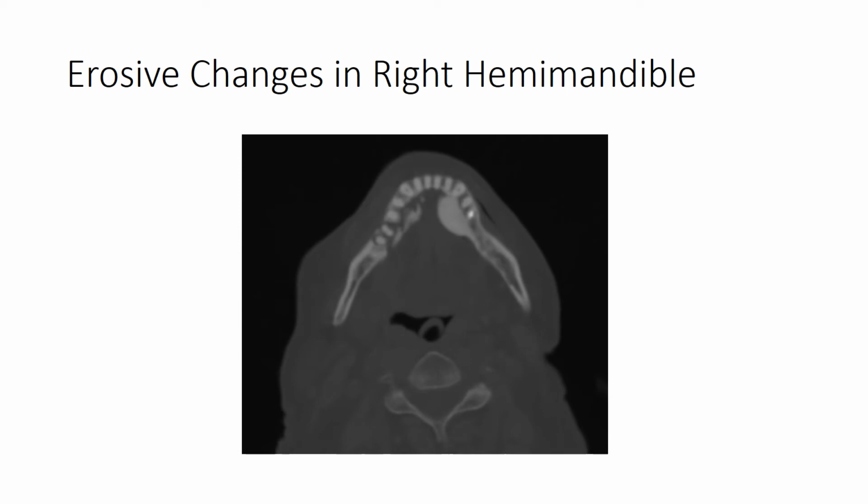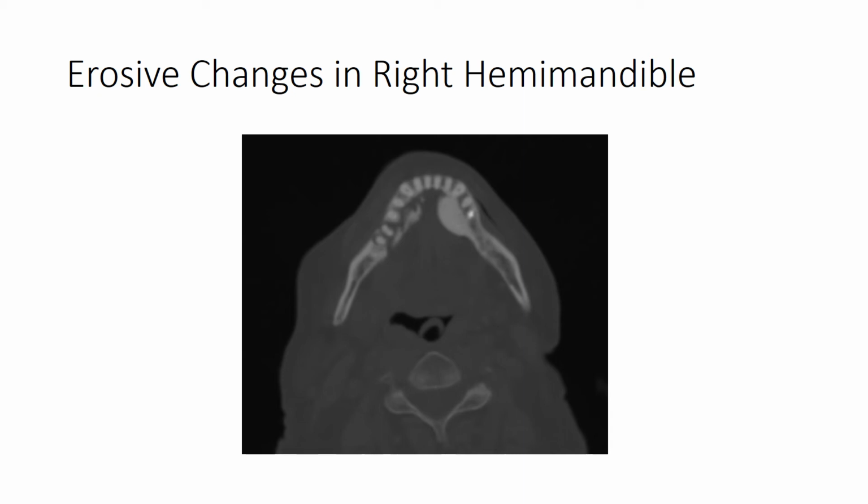So here's the same patient I showed you before that had the bilateral mandibular tori, and here he is 2 years later. Now, this patient developed a squamous cell carcinoma of the head and neck and had a soft tissue neck CT, which showed perineural invasion and skull base involvement, but it was also noted that he had erosive changes of the right anterior hemimandible.